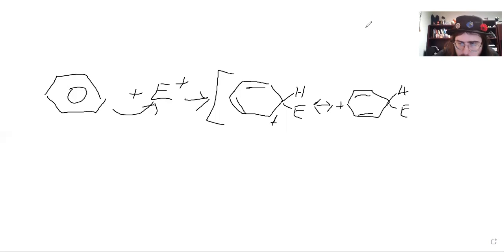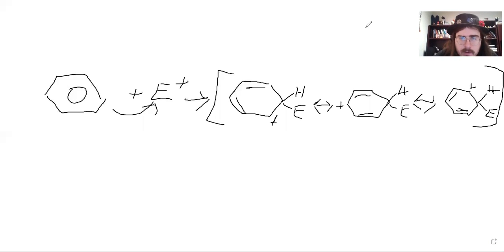The positive charge goes there, and the other resonance structure has the positive charge up top. So the pi cloud still can move around. We're essentially resonance stabilizing this with the positive charge at the 2, the 4, or the 6 position with respect to the electrophile.